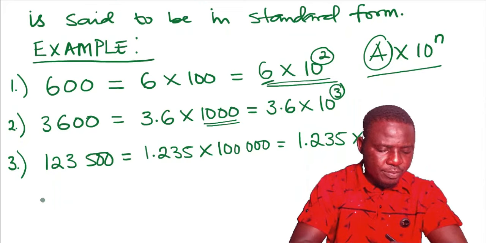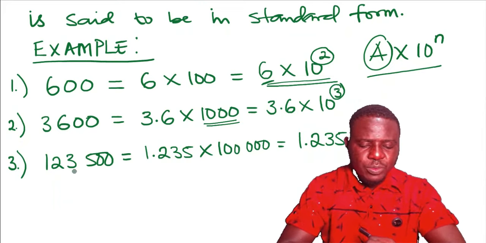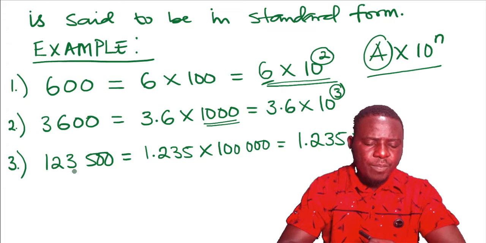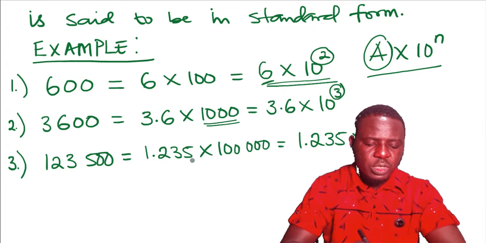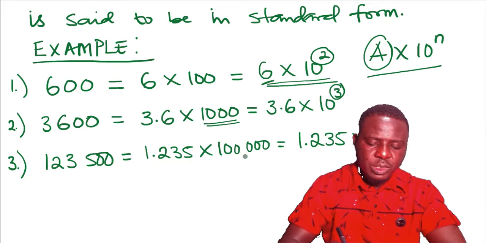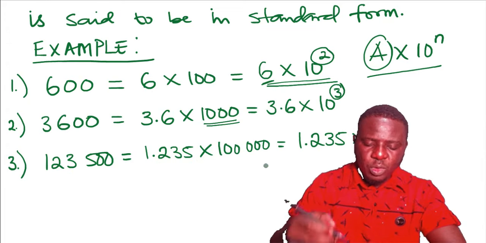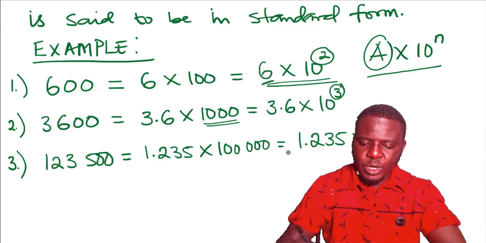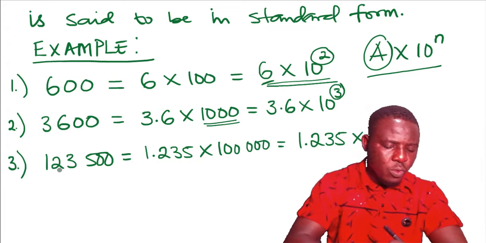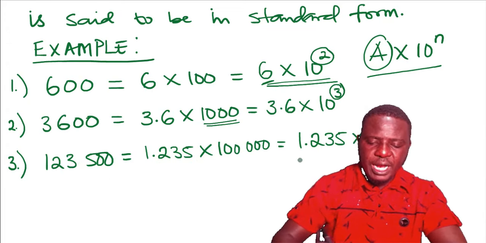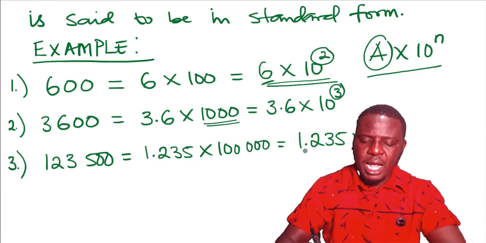Number 3, we have 123,500 to be written in standard form. And this can conveniently be written as 1.235 times 100,000. 100,000 is said to be a multiple of 10, which therefore means 123,500 can be expressed in standard form as 1.235 times 10 raised to the power of 5.